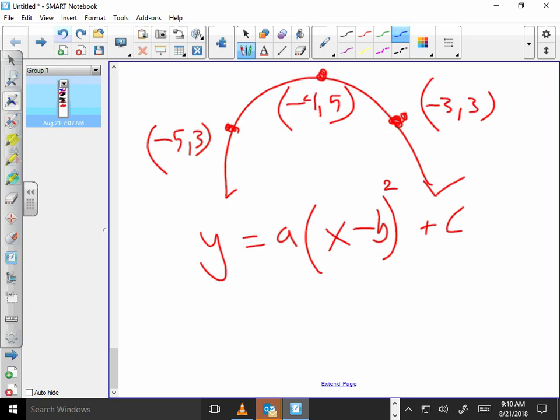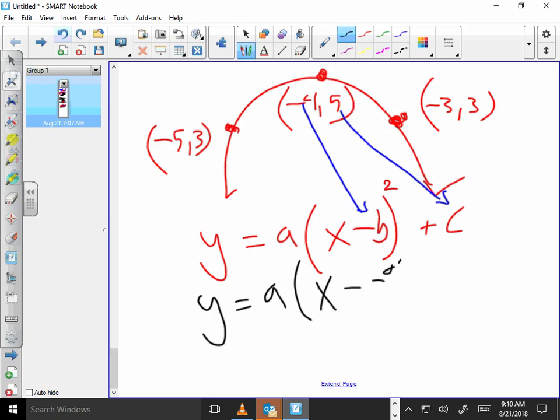Plug in your shifts. Y equals a, x minus a minus 4. That's supposed to be a minus 4 there. Minus 4 squared, and then plus 5.